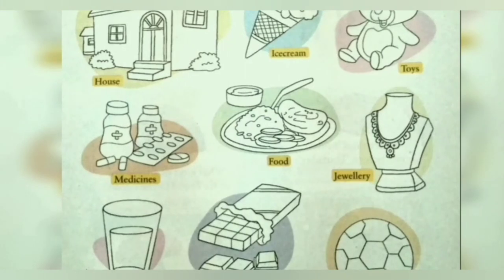Color the things that are your needs and cross the things that are your wants. According to me, our needs are house, medicine, water and food, and wants are ice cream, toys, jewelry, chocolates, football.